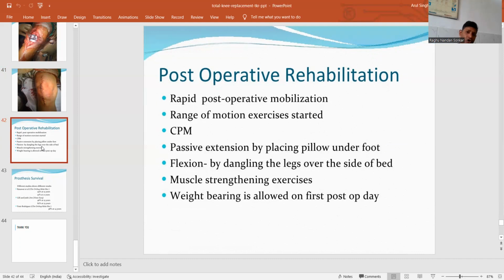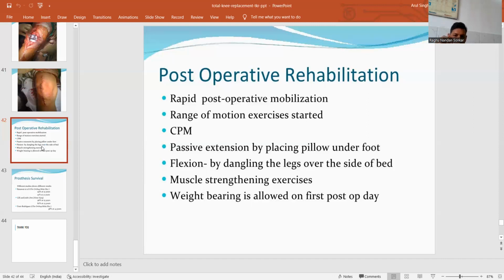Rapid post-operative mobilization, range of motion exercise is started: CPM, passive extension by placing a claw underfoot, flexion by dangling the leg over the side of the bed, muscle strengthening exercise.